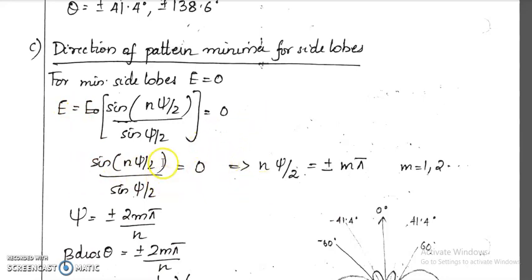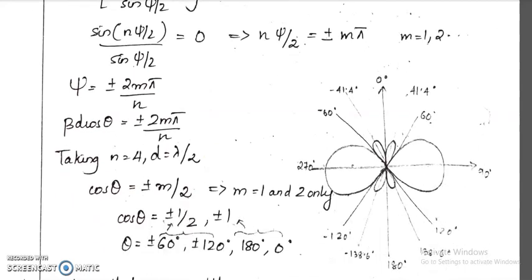We can rearrange the equation, and finally you will get n psi by 2 equal to plus or minus m pi, because we know that sin is equal to 0 at integer multiples of pi. Then psi is equal to plus or minus 2m pi by n, and we know that psi is equal to beta d cos theta, that is equal to plus or minus 2m pi by n. Here also we assume the same condition.